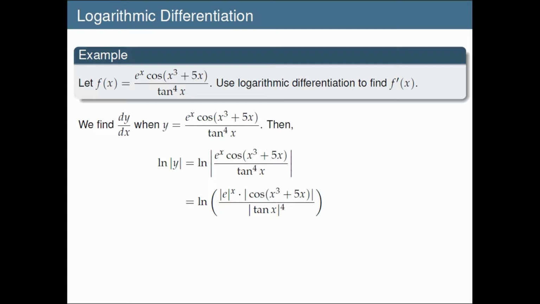Then we apply properties of logarithms. So itong nasa kanan ay ln nito minus ln ng nasa baba. Yung ln ng nasa taas equals ln nito plus ln nito. So we have this.